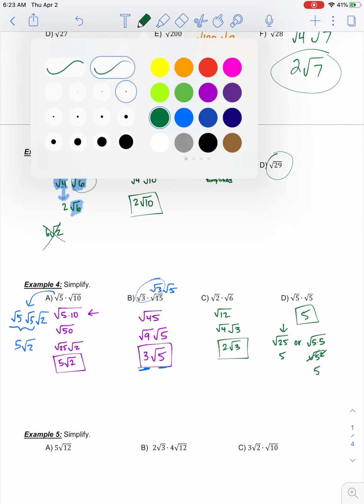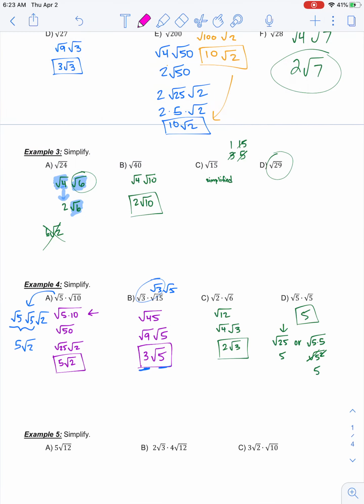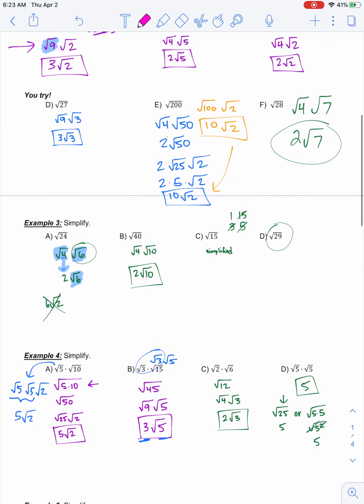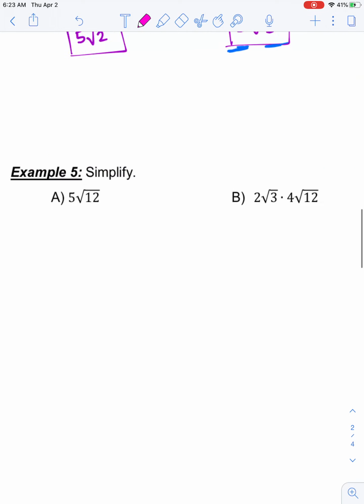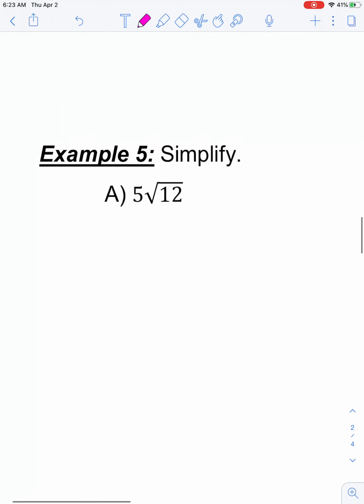All right, last section for today. We actually kind of already saw this up above on example 1E when I had that 2 out in front of the root 50. So we're going to have the same thing here where there's a number out in front. So you just need to make sure you don't forget about that number. So I'm going to rewrite the 5, but now the root 12 is the part I'm going to try to simplify.